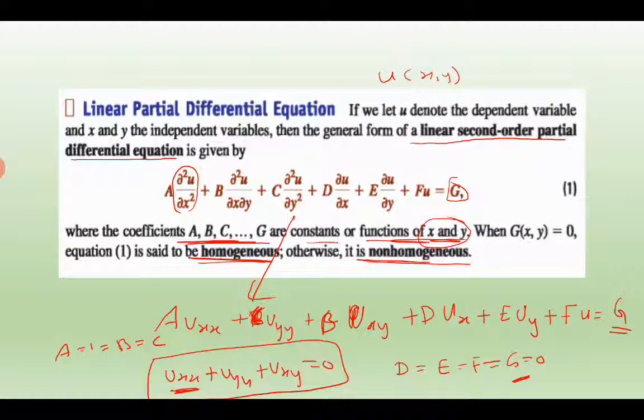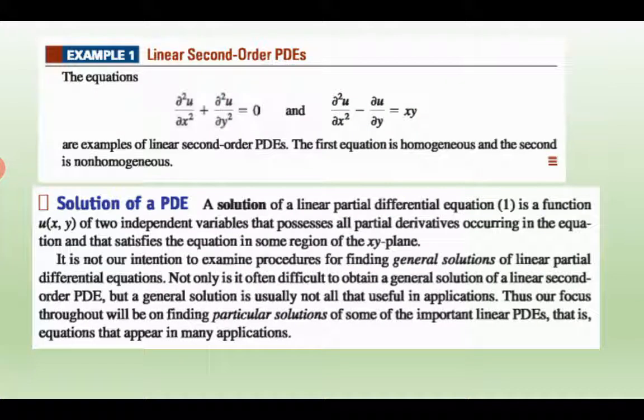The coefficient of the second derivative with respect to x will be called a. The coefficient of the term u_xy, first derivative with respect to y, second derivative with respect to x, otherwise different order, no problem, the coefficient of this derivative will be b. The second derivative with respect to y, the coefficient of this term will be c. So in this way you should identify the coefficients of the differential equation.